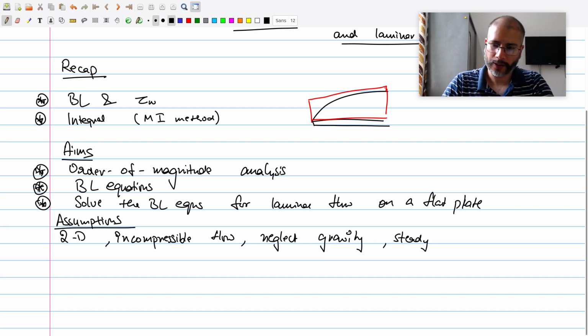So these are the major assumptions for today's lecture. So all the discussion we'll have today will have a 2D flow, incompressible flow, no gravity and no transient terms. So there is no del by del t, nothing changes with time, everything is for a steady state situation.